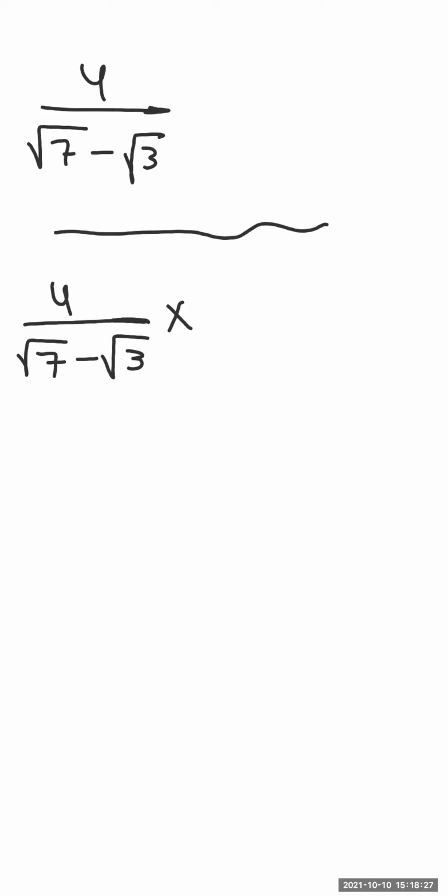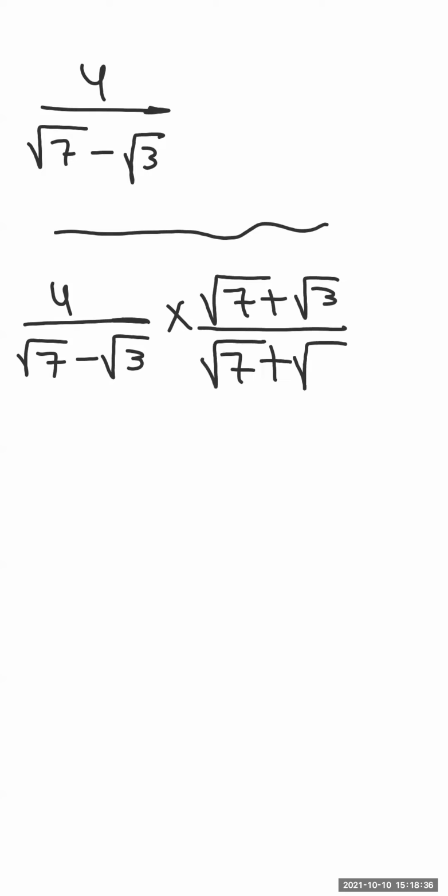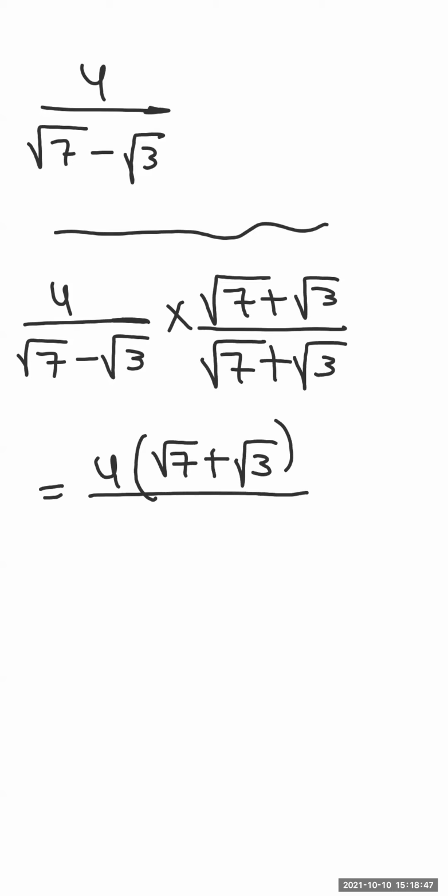So I'm going to multiply this number by square root of 7 plus square root of 3 over square root of 7 plus square root of 3. Now 4 will be multiplied by these two terms, square root of 7 plus square root of 3, over these two expressions.